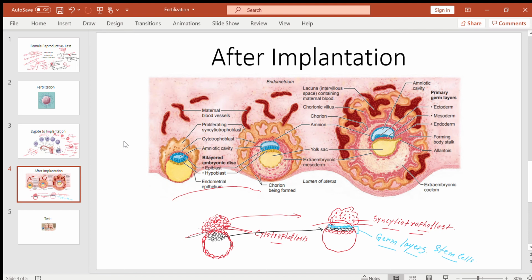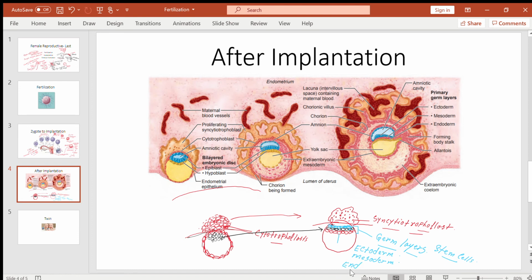The names of those three layers: this layer is called the ectoderm, and this middle one is the mesoderm, and the innermost one is the endoderm.